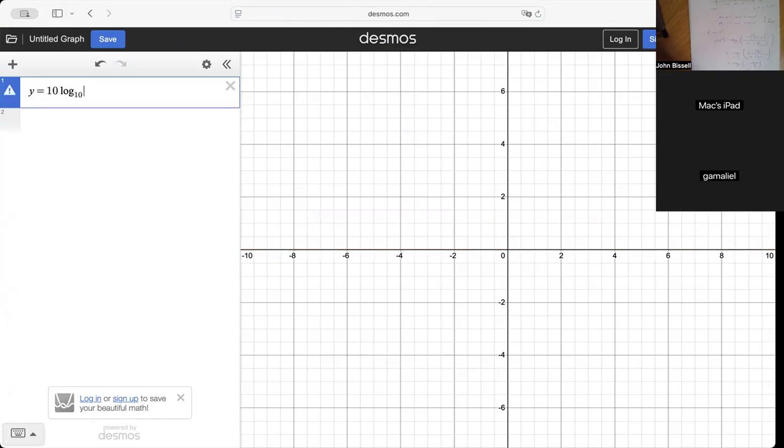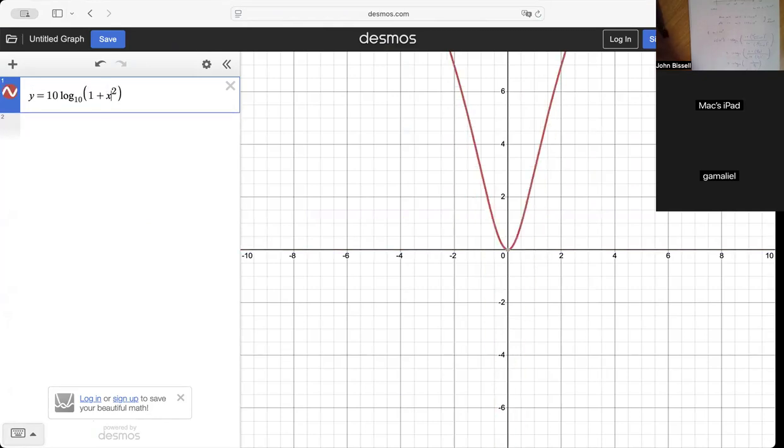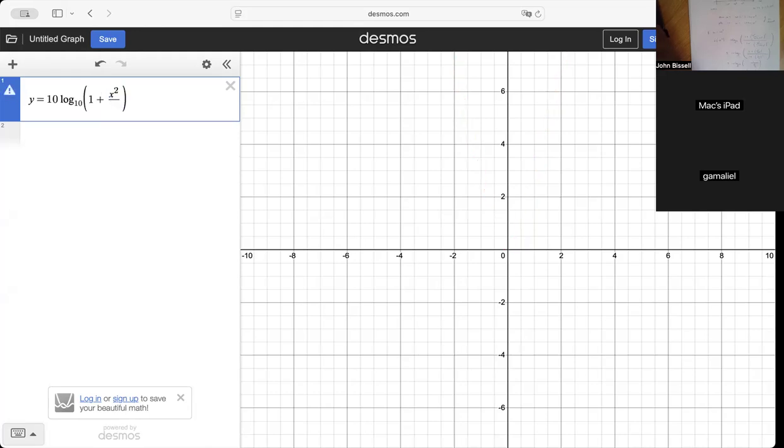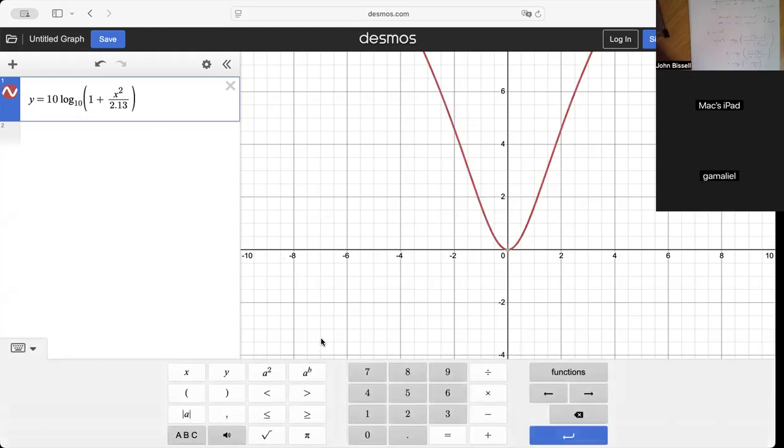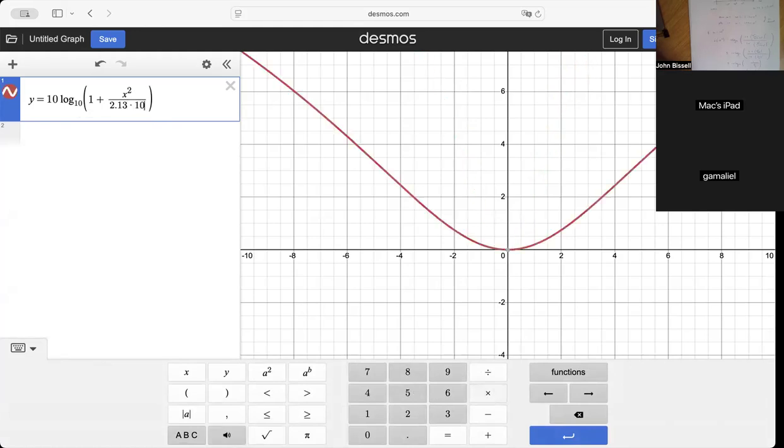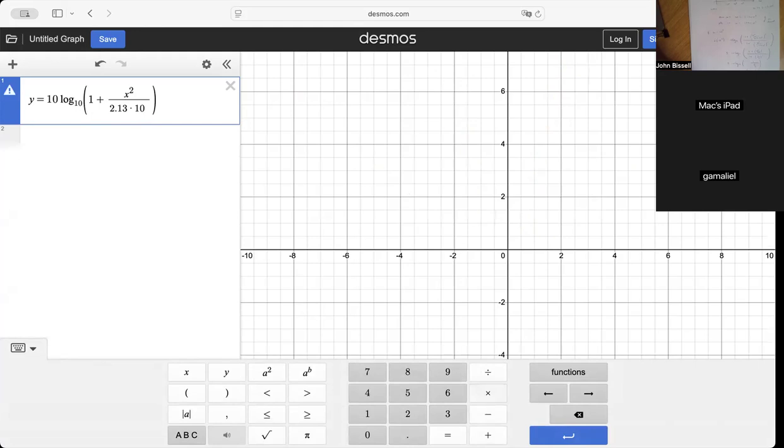Hopefully that will work. 1 plus frequency squared over 2.13 times, no, how do I put a multiplication symbol in? Times 10 to the 6. We've got to square all of that.